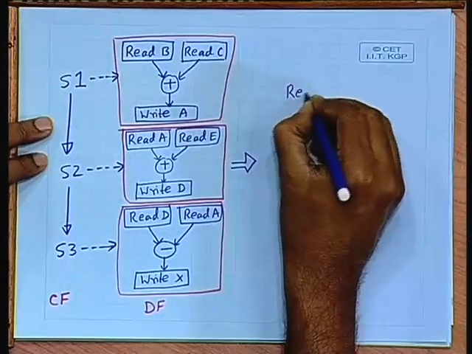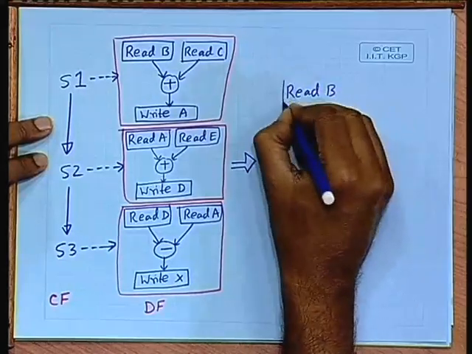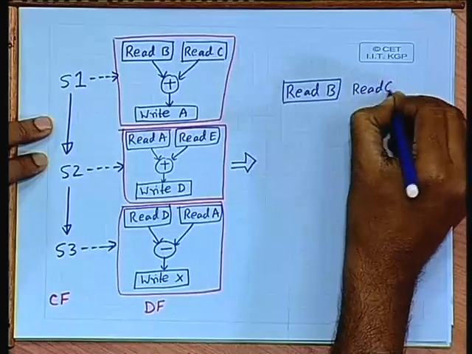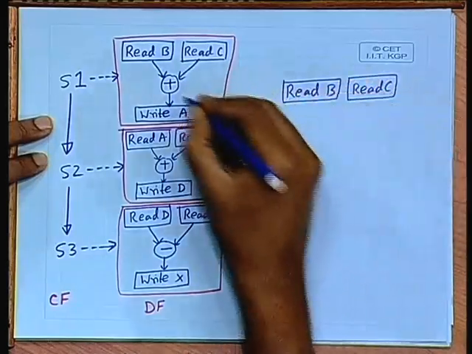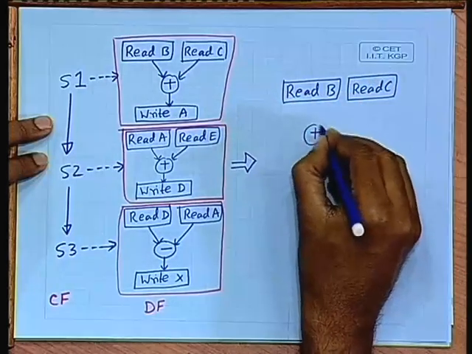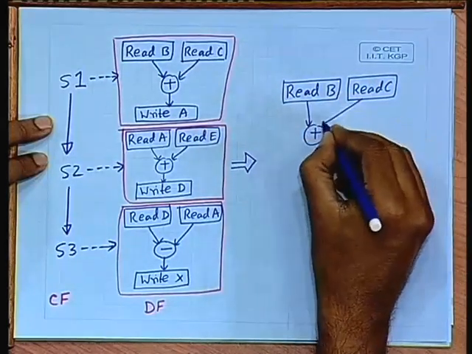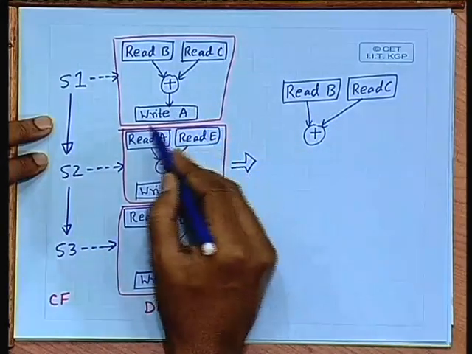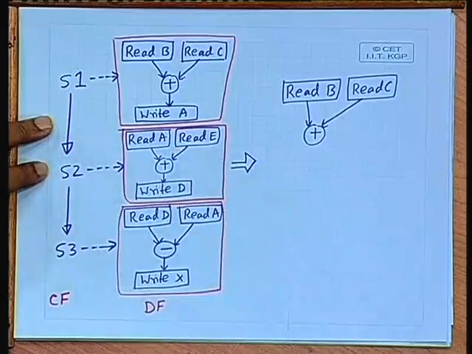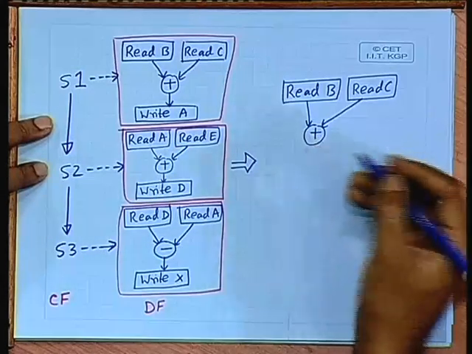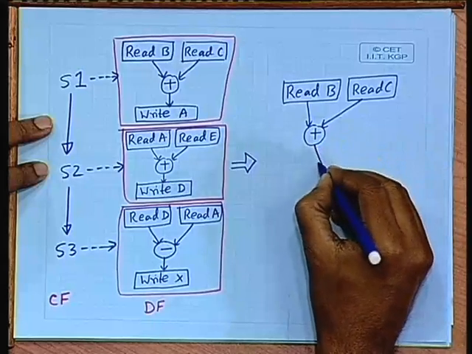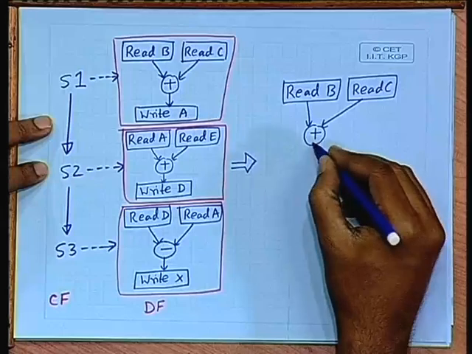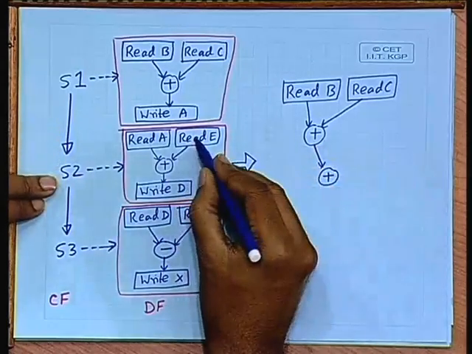B and C are read first, they are fed into an adder. This writes A, and immediately you are reading A, so you need not store it anywhere intermediate. You can straight away use the output of the adder as the input to that. So, if you have another adder, the first input to the adder can come straight away from the output of this adder. The other input is E.